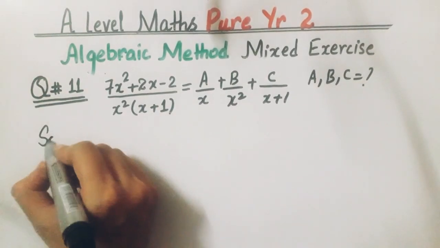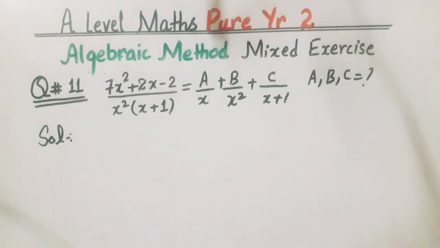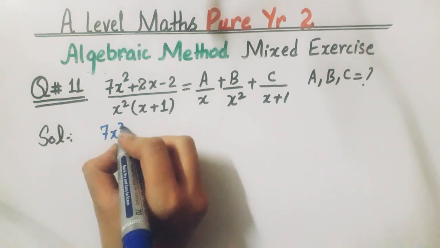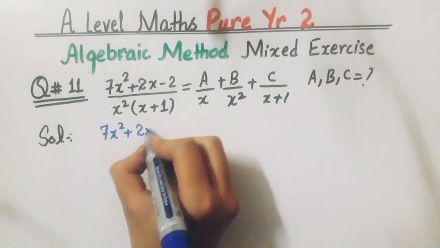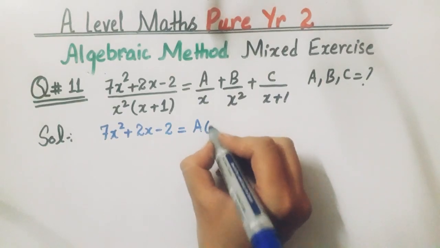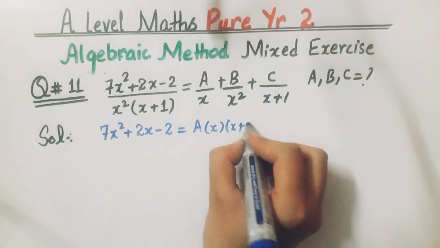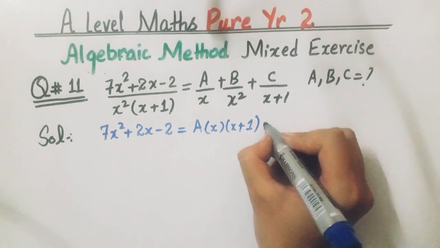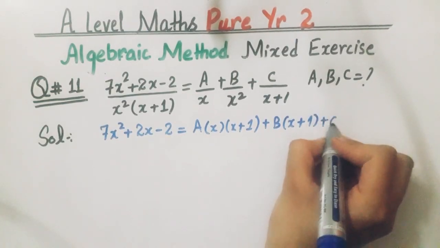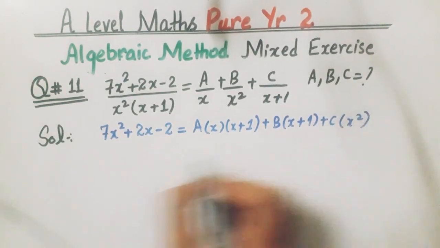So we will solve this in a very easy and simple way. First of all, we will take the LCM and get 7x square plus 2x minus 2 equals a into (x plus 1) plus b into (x plus 1) plus c into x square.